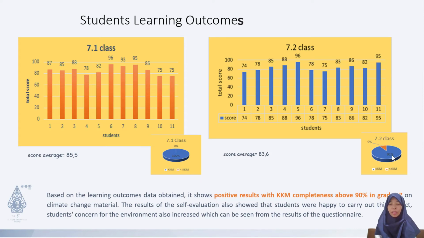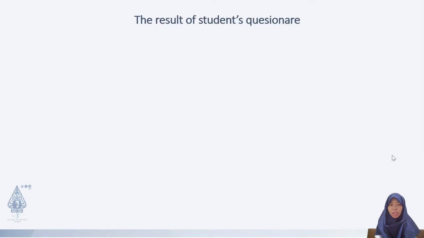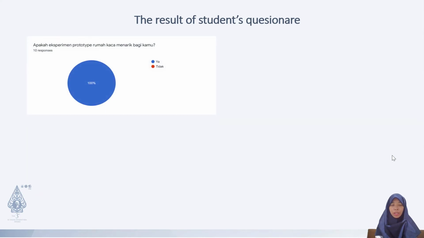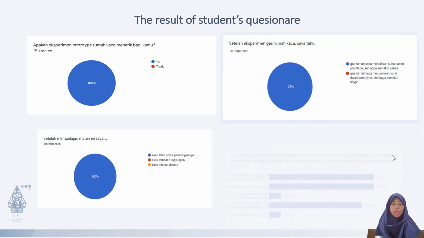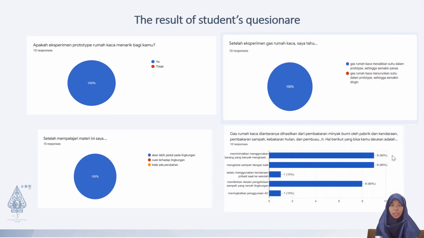The result of the self-evaluation also showed that to carry out this project, students' concern for the environment also increased, which can be seen from the result of the questionnaire. 100% of students are interested in the greenhouse gases prototype using conventional methods or robotic technology. They also understand that the presence of the greenhouse gas carbon dioxide, such as in the prototype, will increase the Earth's temperature, and that they can do better for the environment by doing some positive things as shown in the following figure.